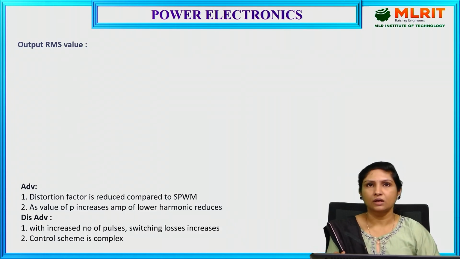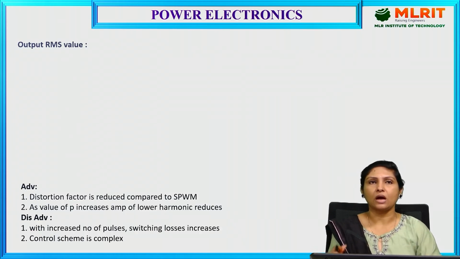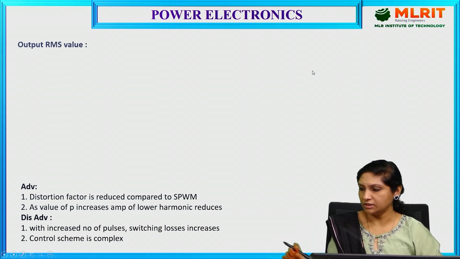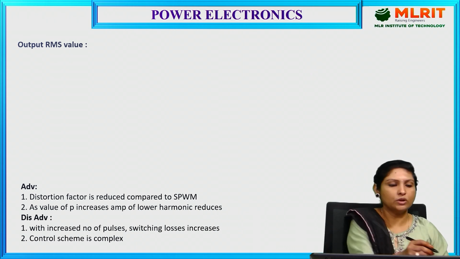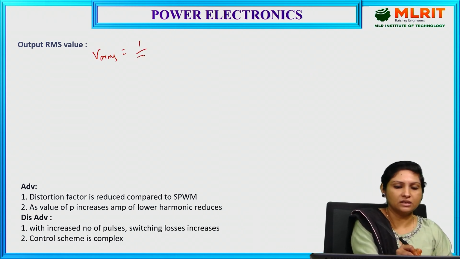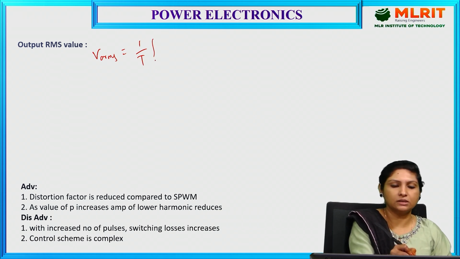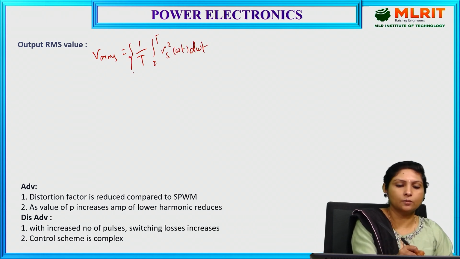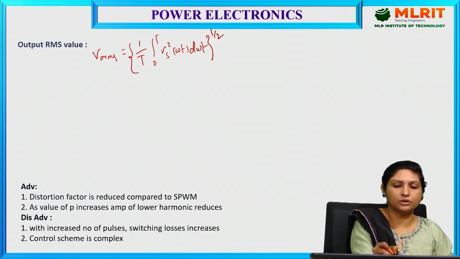And now coming to the V0 RMS value of this multiple pulse width modulation technique. Here V0 RMS is given by the general formula, (1 by T, integral from 0 to T, Vs square d omega T) whole to the power of 1 by 2.